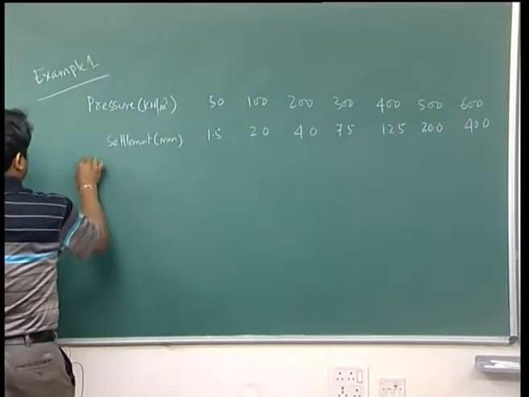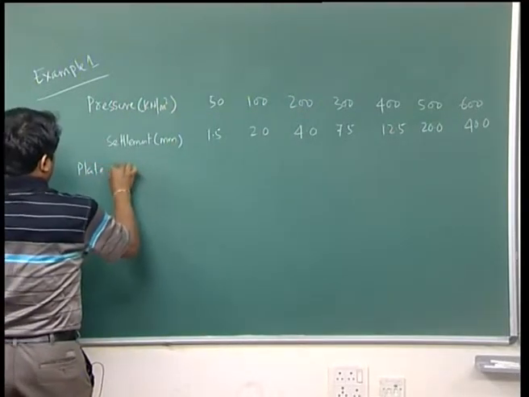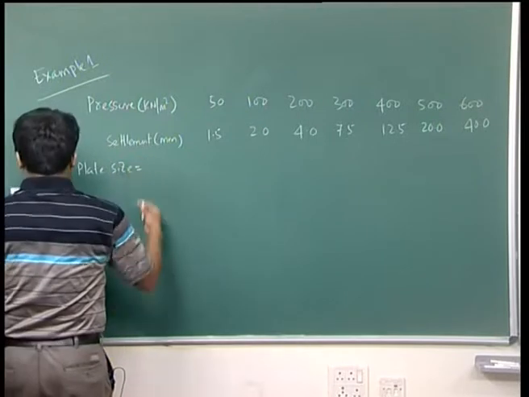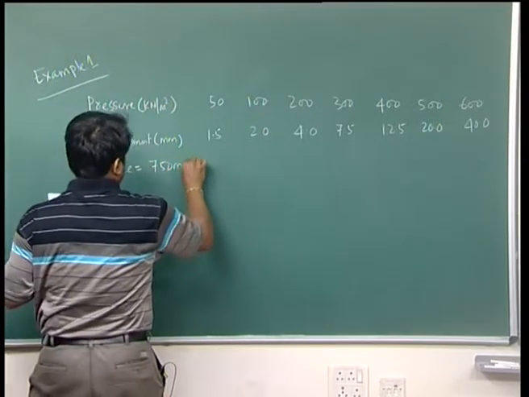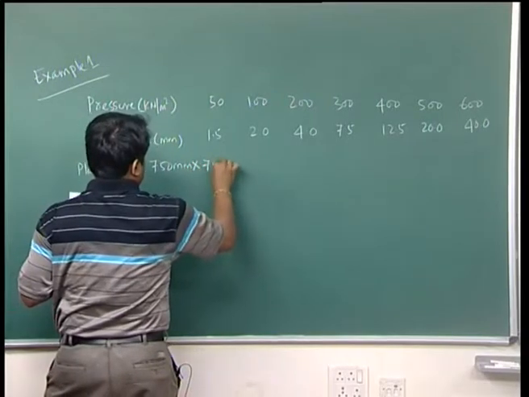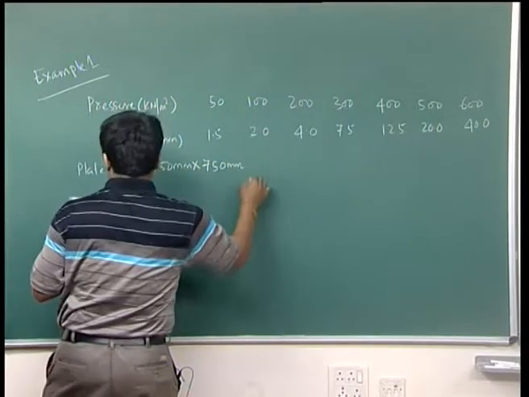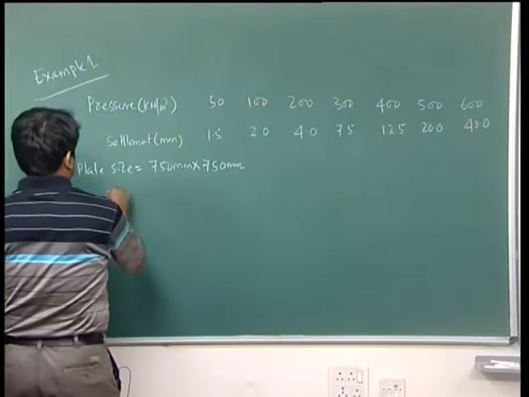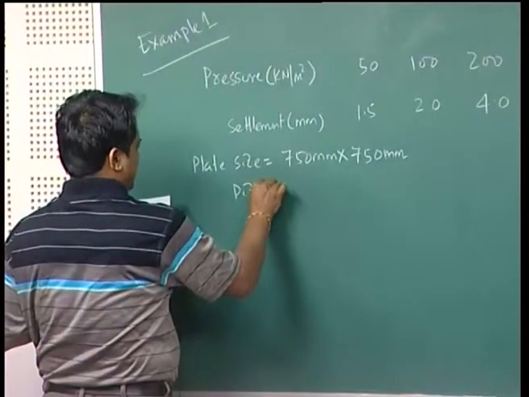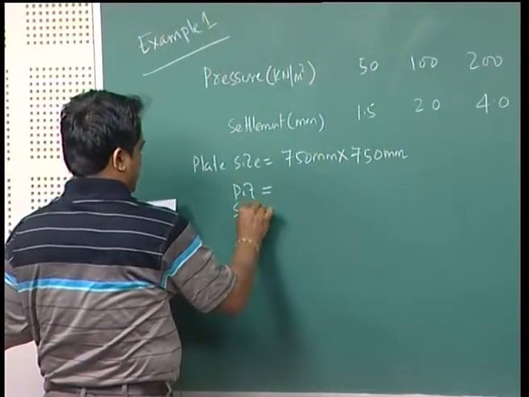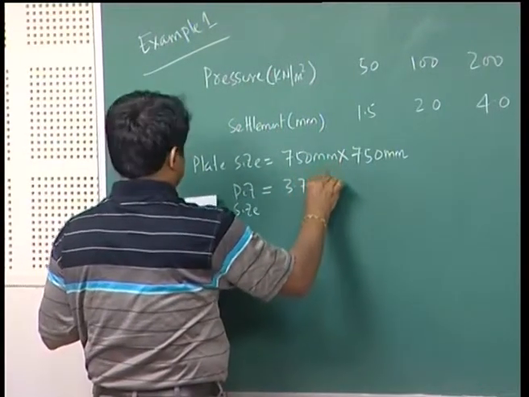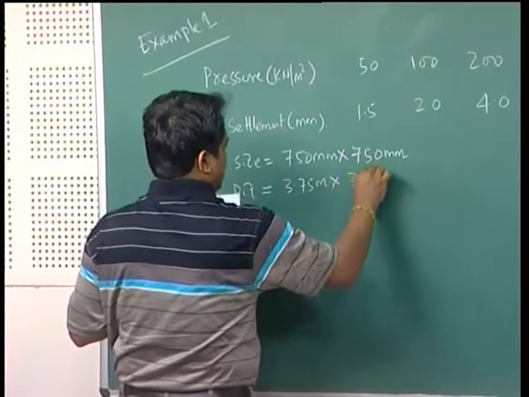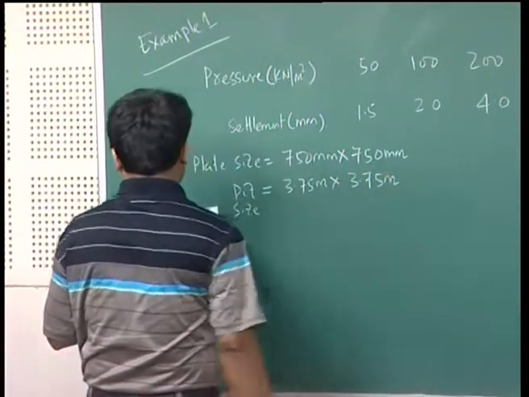Plate size given is 750 mm by 750 mm, it is a square size, and pit size is 3.75 meter by 3.75 meter.